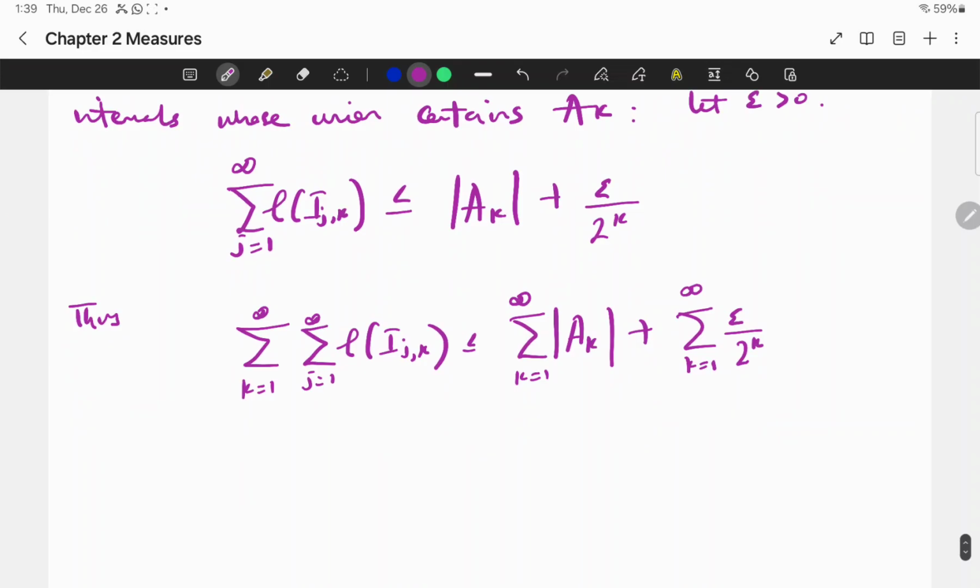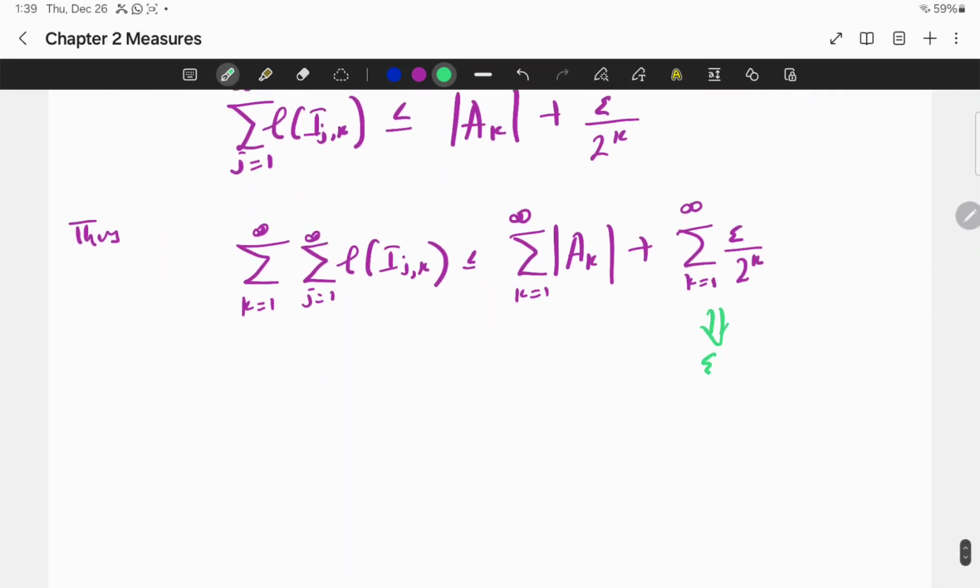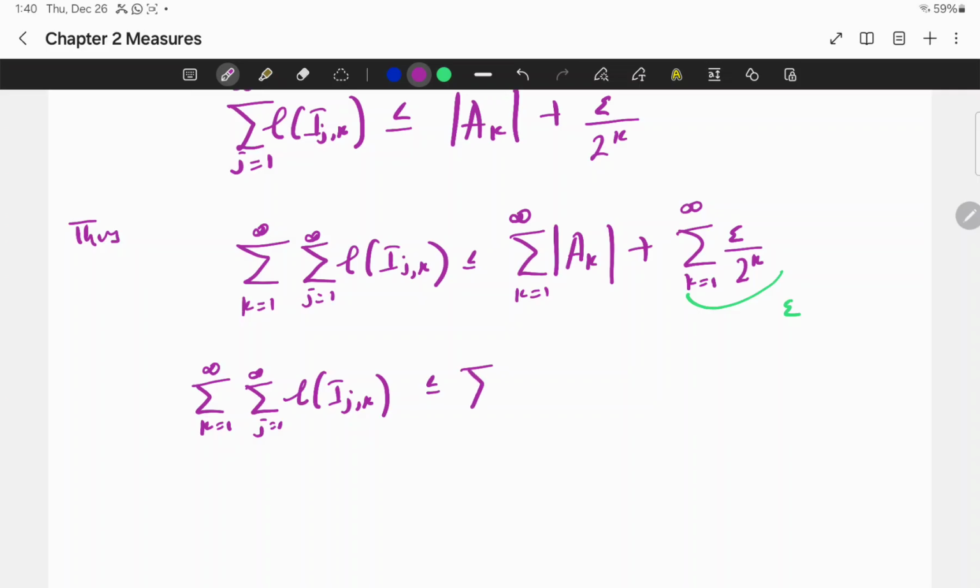So obviously you know that this is a geometric series that will be equal to epsilon. So then we can rewrite it as the summation over k equals 1 to infinity, j equals 1 to infinity, of the length of I_{j,k}, is less than or equal to the sum over k equals 1 to infinity of the outer measure of each A_k, plus epsilon.